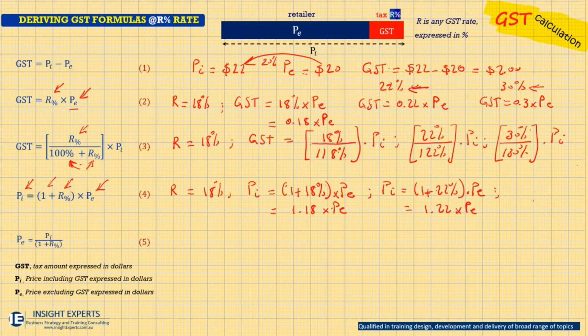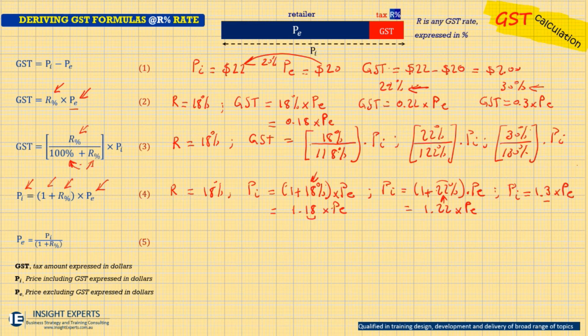And for 30%, PI becomes equal to 1.3 times the price excluding GST, and so on. Now notice how we have this number here, 18. If the tax rate is 18, it's really 1.18, and this 18 comes from the tax rate itself. Again, 22%, it's 1.22, and 22 comes from the 22%, and so on.